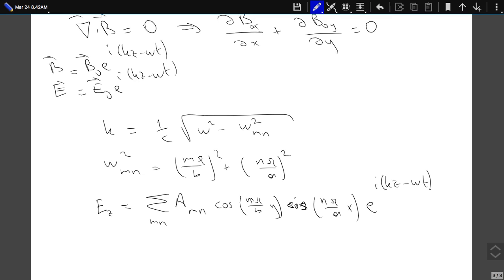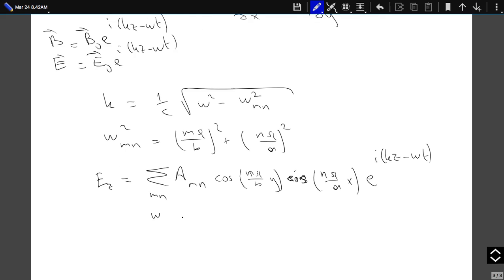First of all, what is omega_mn and what does it correspond to? If you look at this expression, there is a restriction on the possible values of omega. Omega should be larger than omega_mn. You have your waveguide, and you will be sending an electromagnetic wave into it.